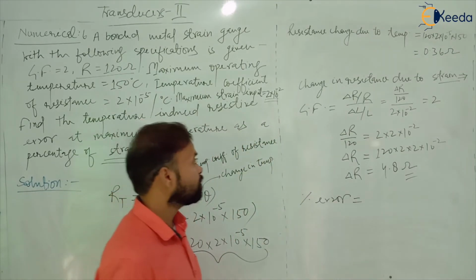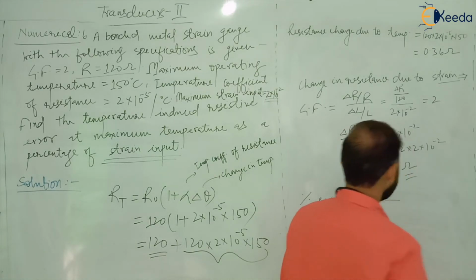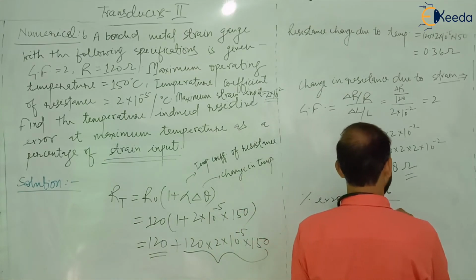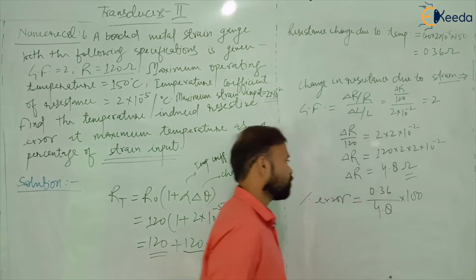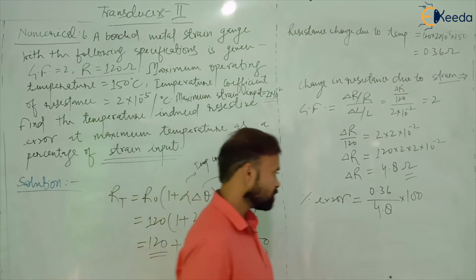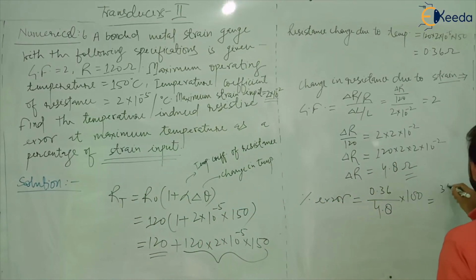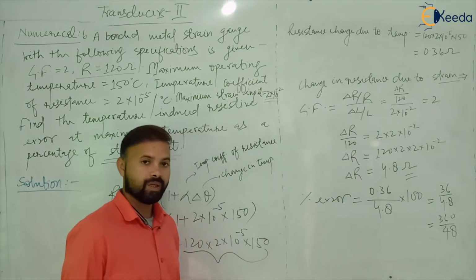Percentage error will be equal to 0.36 divided by 4.8 into 100. Okay, so it will be equal to 36 divided by 4.8, or 360 divided by 48.